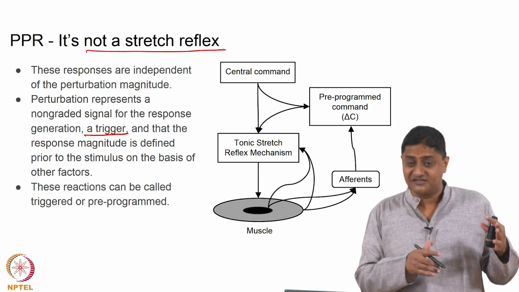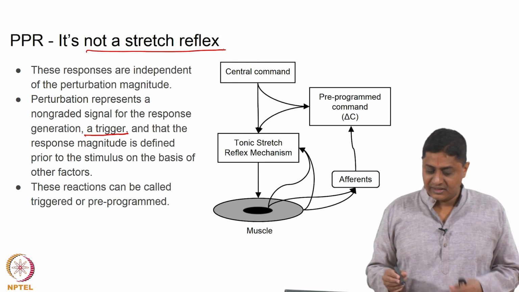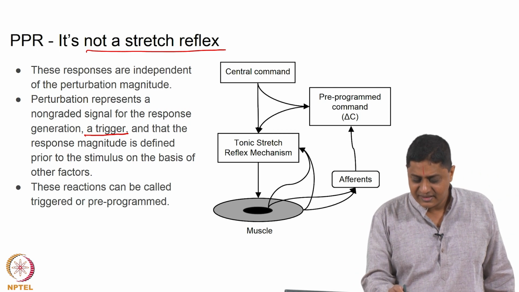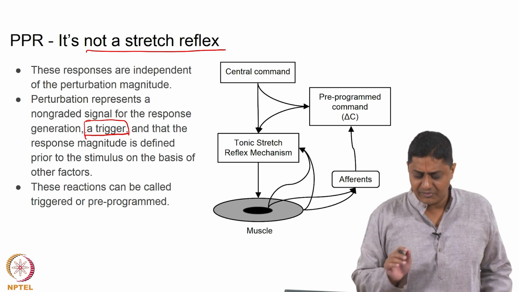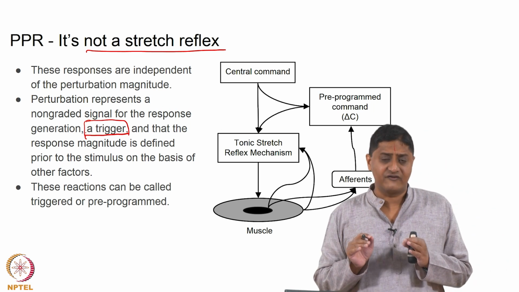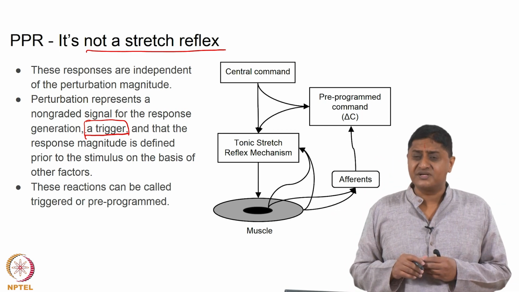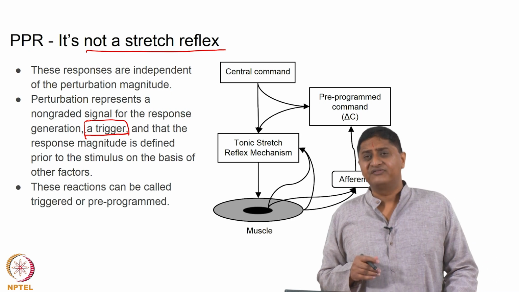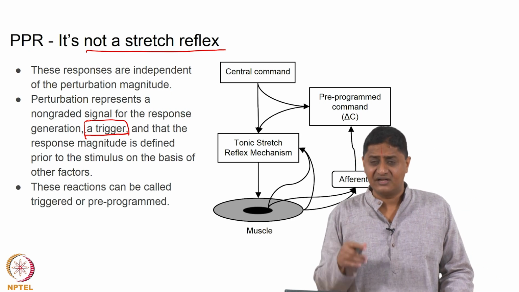An action potential is always the same, here there is going to be context specificity. So, in other words, the perturbation only acts as a trigger, a very critical, very important distinguishing feature of pre-programmed reactions.